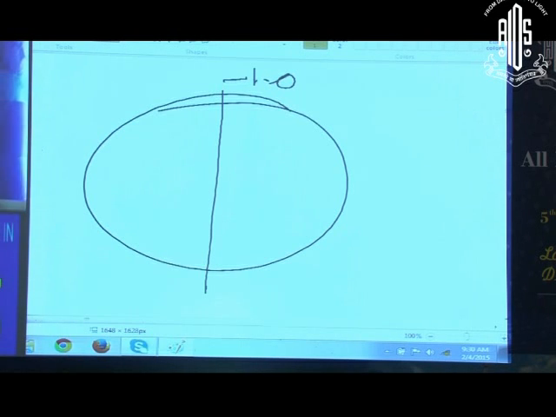First is always refine the axis. So imagine this is your trial frame and the patient already has a cylinder at 90 degrees, which is minus 1 cylinder. Now you want to refine the axis, whether it is 90 degrees, whether it is 100 degrees, whether it is 80 degrees, you don't know.